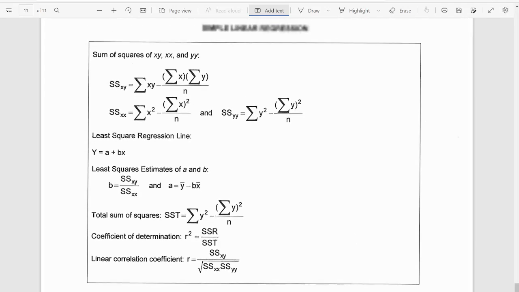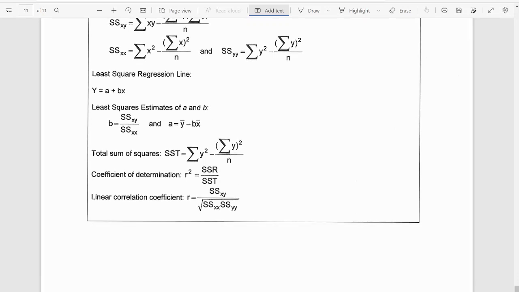The linear regression correlation coefficient is given by R, whereby R is equal to SSXY over the square root of SSXX times SSYY.